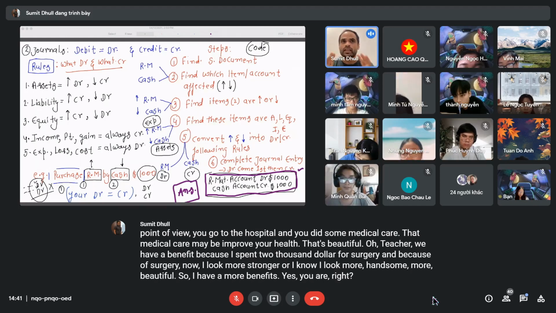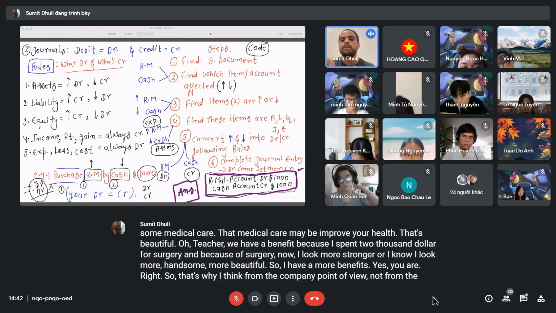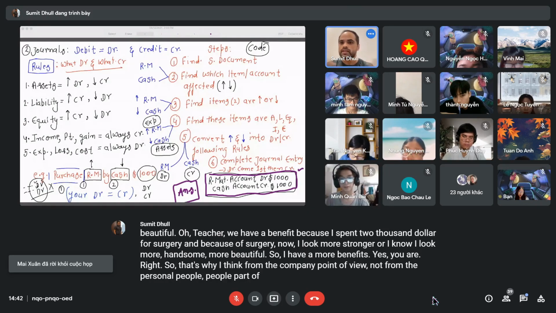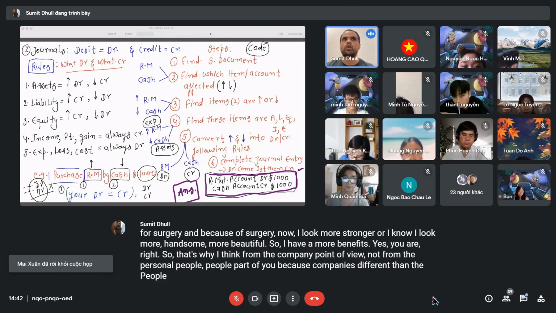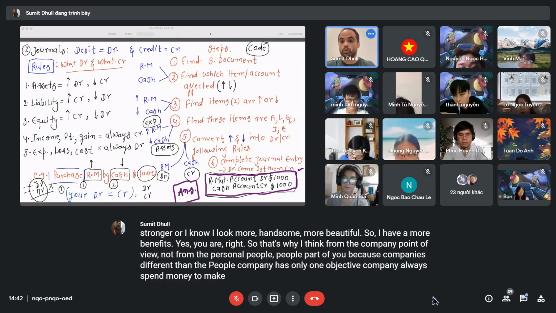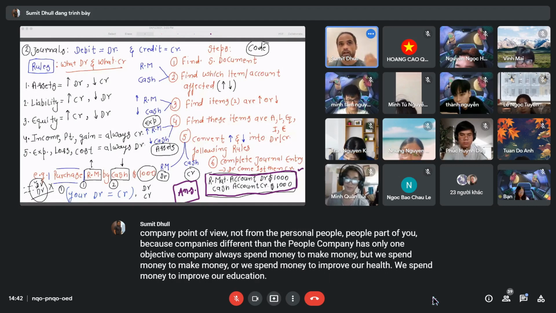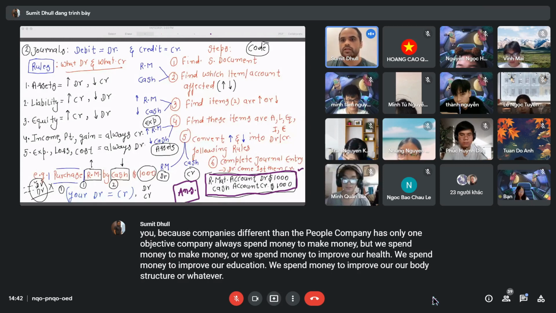That's why I think from the company point of view, not the personal point of view, because a company is different from people. A company has only one objective: it always spends money to make money. We spend money to improve our health, our education, our body structure or whatever. So don't compare. Always think from the company point of view.